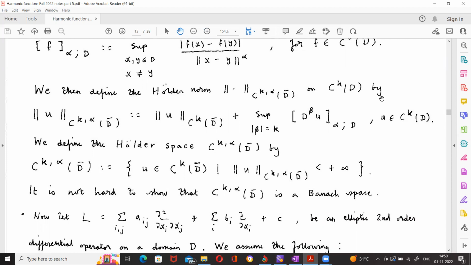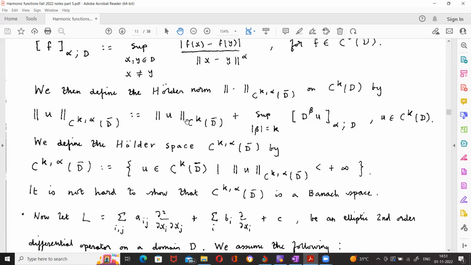So we define this on CK of D by saying the CK alpha norm is the CK norm of U plus the sup over all multi-indices of length k of the Holder semi-norm of the partial derivatives d beta u. So you take all the kth order partial derivatives, take their Holder semi-norms, and take the maximum of them.